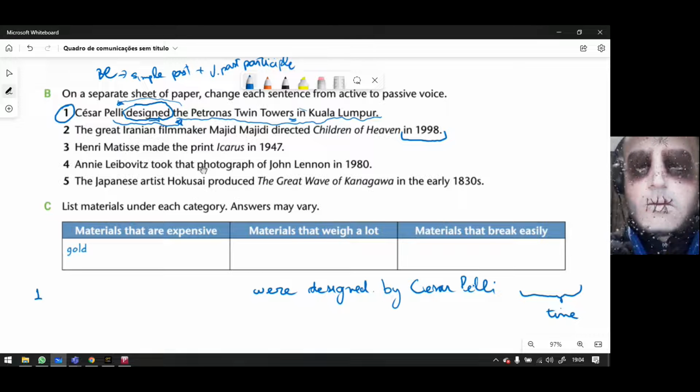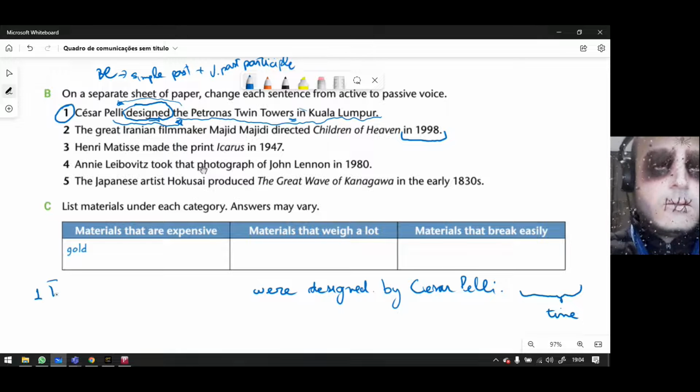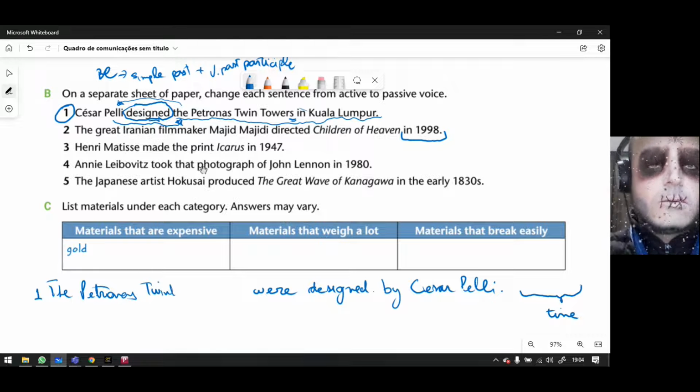Okay, so were designed by Cesar Pelli. Now I get the Petronas Twin Towers in Kuala Lumpur were designed by Cesar Pelli.